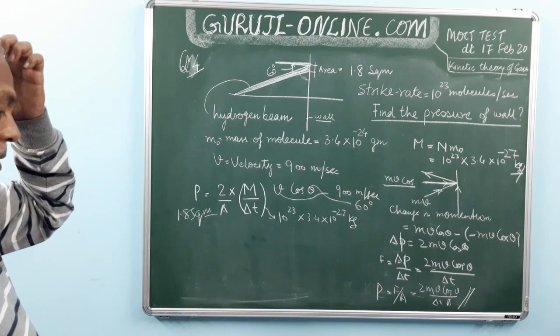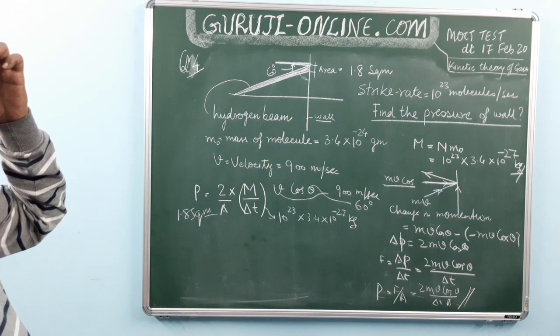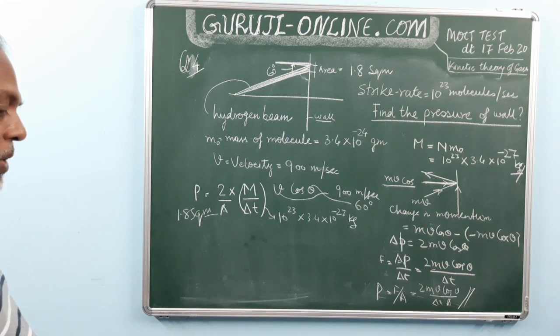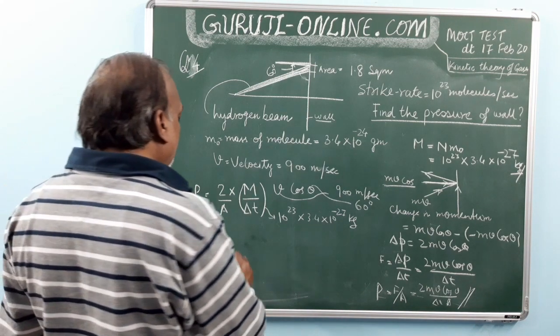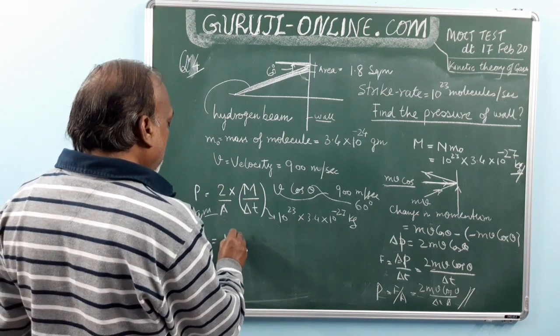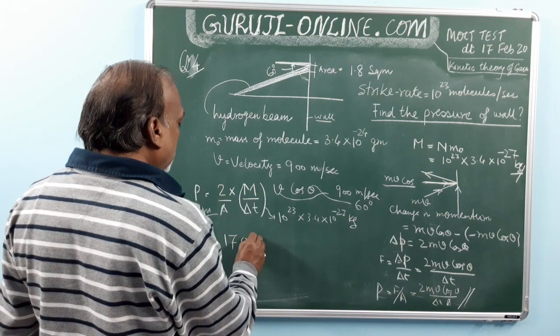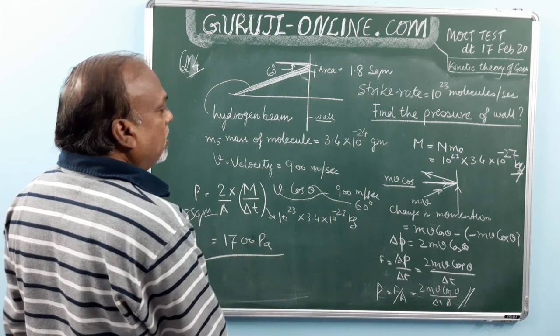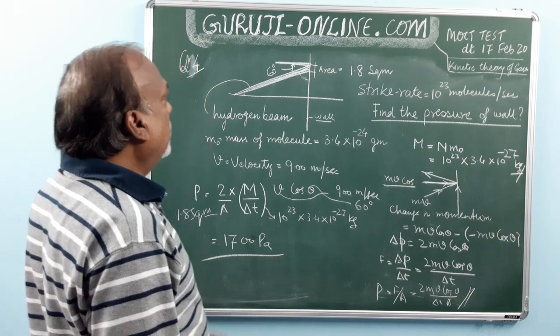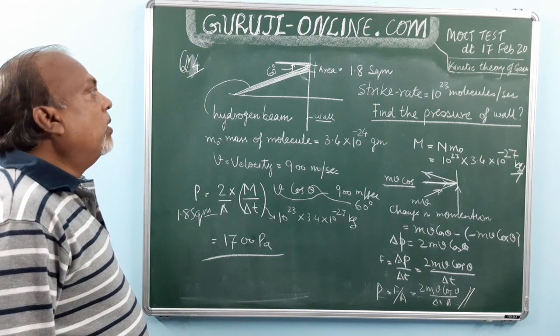Putting all these values, we can find out the pressure, and it will come as 1700. So this is the solution of question number 4.